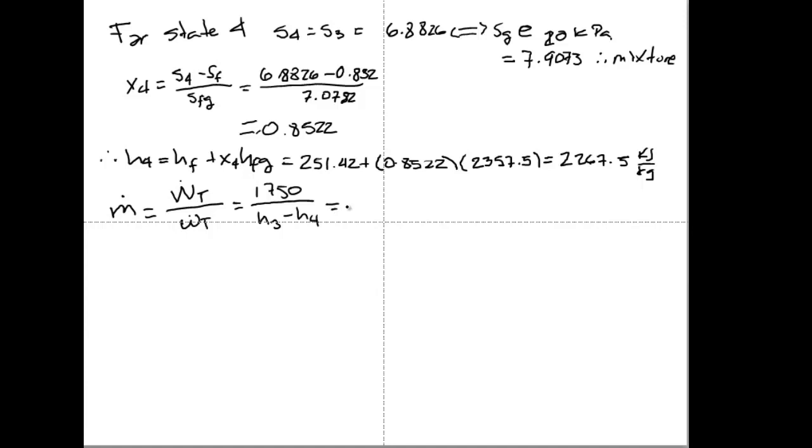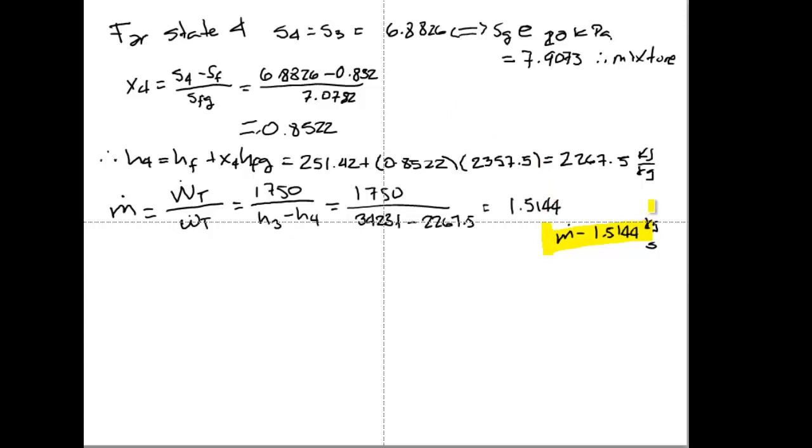So this gives us our mass flow rate. We do the math, and we have that it's 1.514 kilograms per second. This is an important result, so we are just highlighting it.